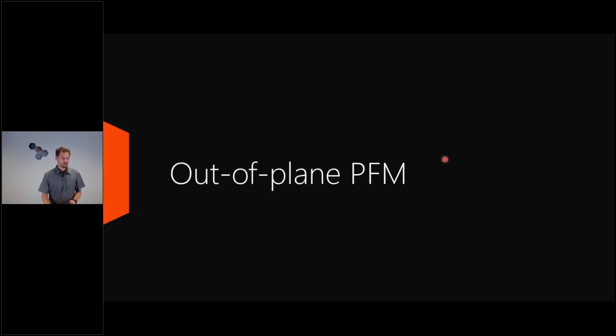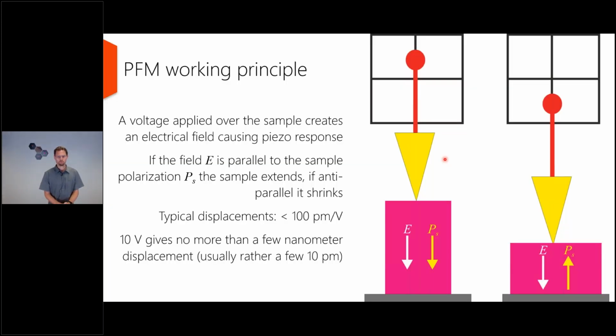Let's start with out-of-plane PFM. With out-of-plane PFM, we mean that you apply a vertical field through this magenta sample, and then if the polarization of the piezo material is parallel to that, you get an extension of the height of the sample.